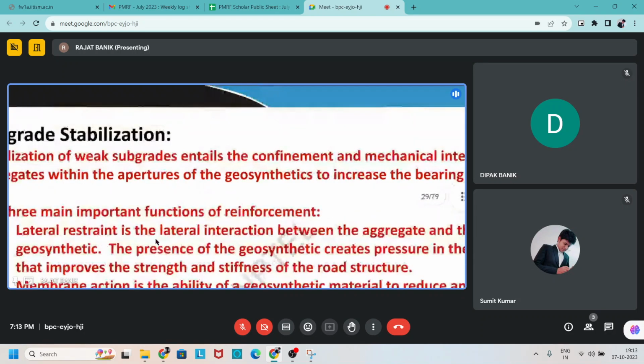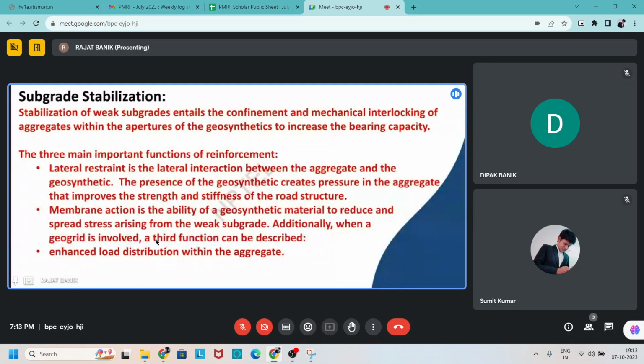Then subgrade stabilization. Geosynthetic material is used for subgrade stabilization. Stabilization of weak subgrade entails the containment and mechanical interlocking of the aggregates within the apertures of the geosynthetic to increase the bearing capacity.